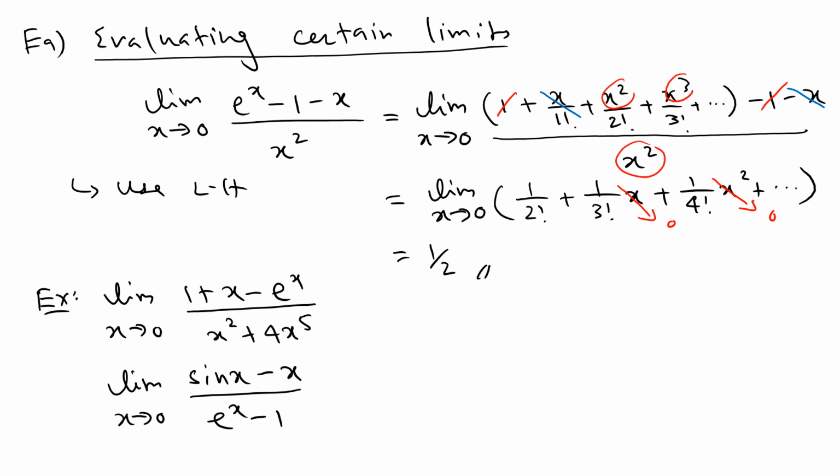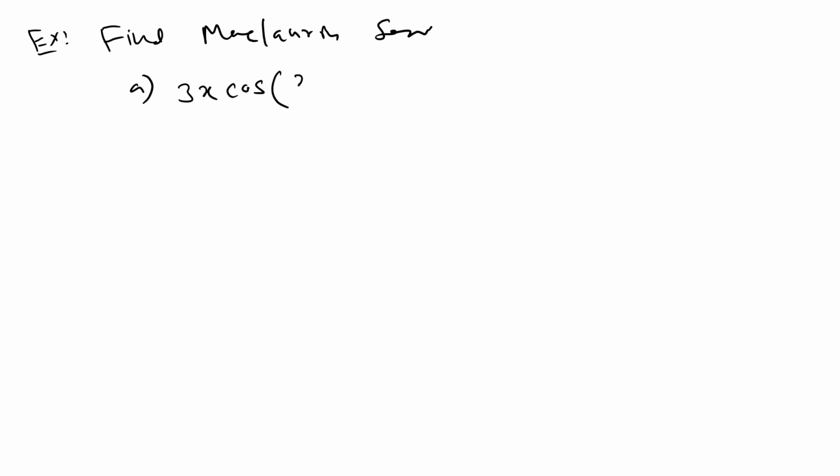Okay, and then I'm going to give you this problem also. You can do certain Maclaurin series. Try this. Find the Maclaurin series. Let's say the first one is, you can use the table: 3x cosine of x squared over 5.